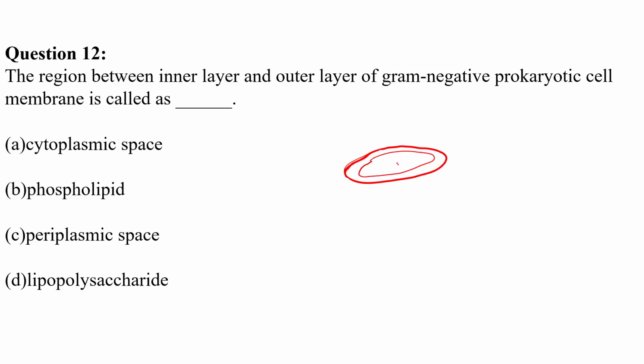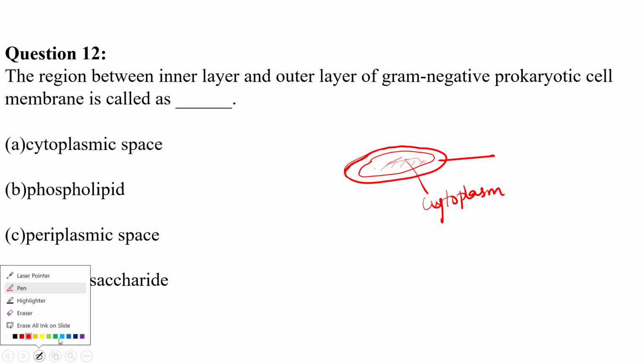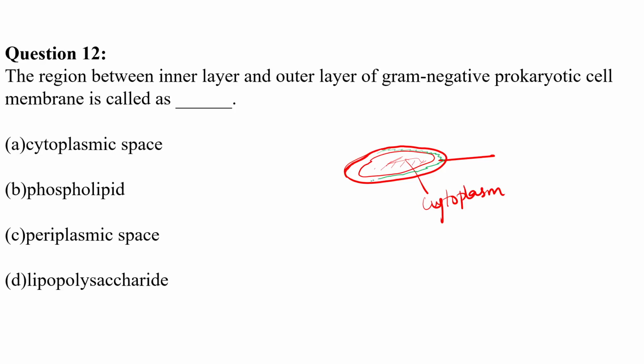The part inside the inner membrane is called cytoplasm. And then the part between the inner and outer membrane, I'll show it with a different color. The part shaded with green here, this is the periplasmic space.